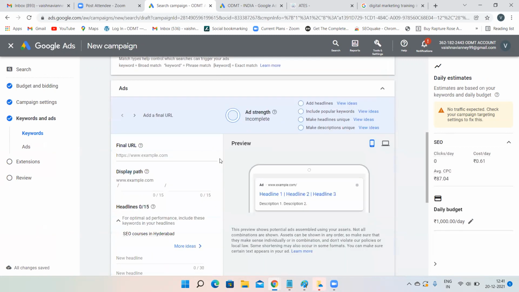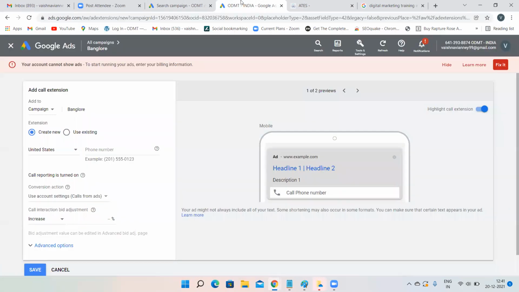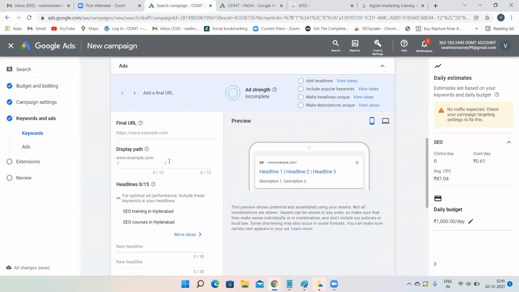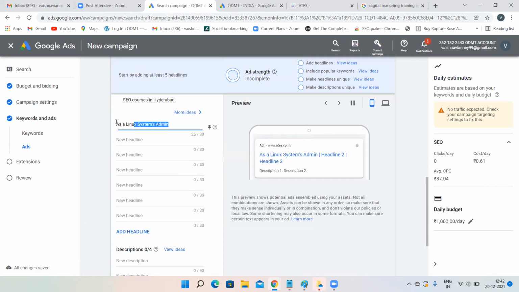Now, the advertisement is telling. So let me copy the URL and come back over here and give the URL. Then, okay, I'll only give some headlines.